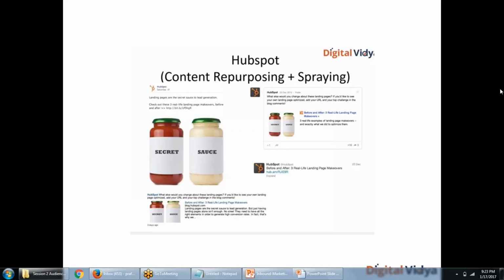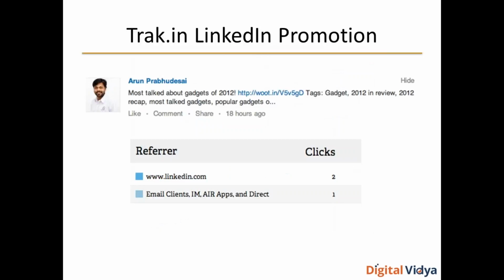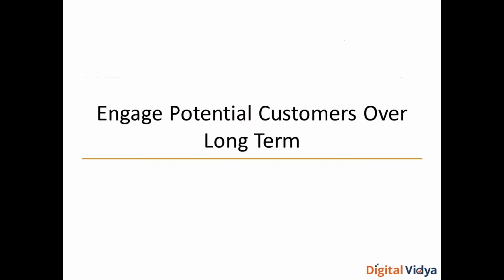Deepak, Himshika, Malika, Nitish was there, Rohan, Sanjay, Shreya, Parekh, Shruti, great, right? So this is in a nutshell content repurposing and spraying. You can also use track.in for LinkedIn promotion, right?